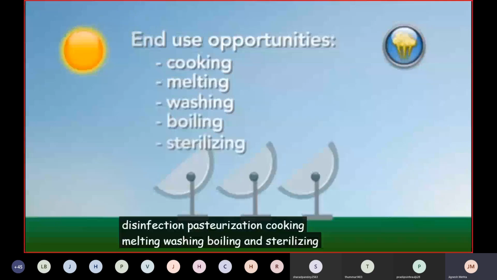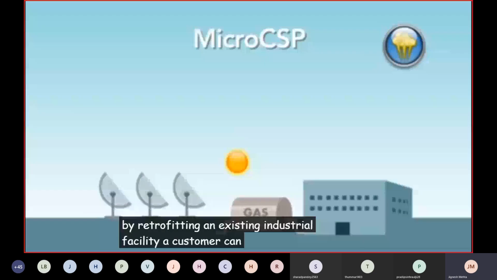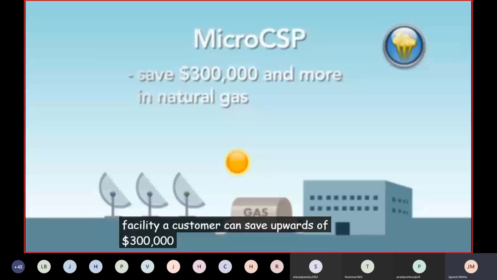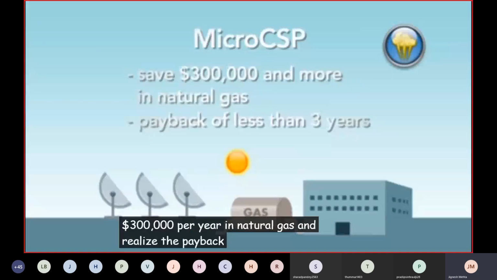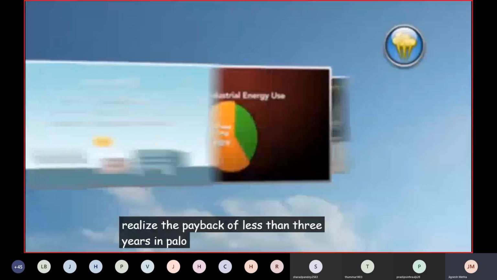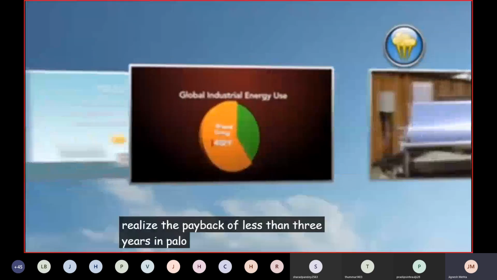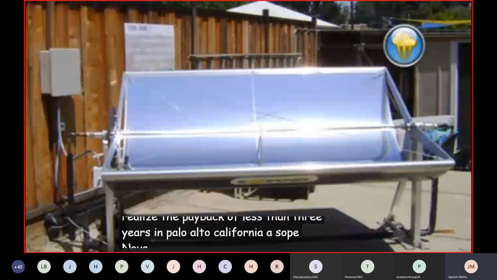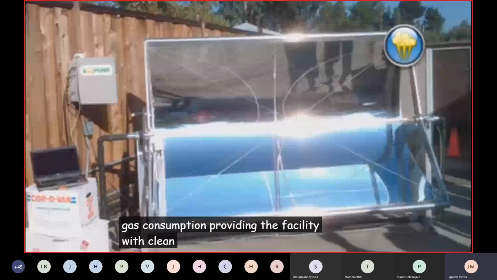By retrofitting an existing industrial facility, a customer can save upwards of $300,000 per year in natural gas and realize a payback of less than 3 years. In Palo Alto, California, a Sopanova system has been offsetting natural gas consumption, providing the facility with clean, renewable energy to reduce its carbon footprint.